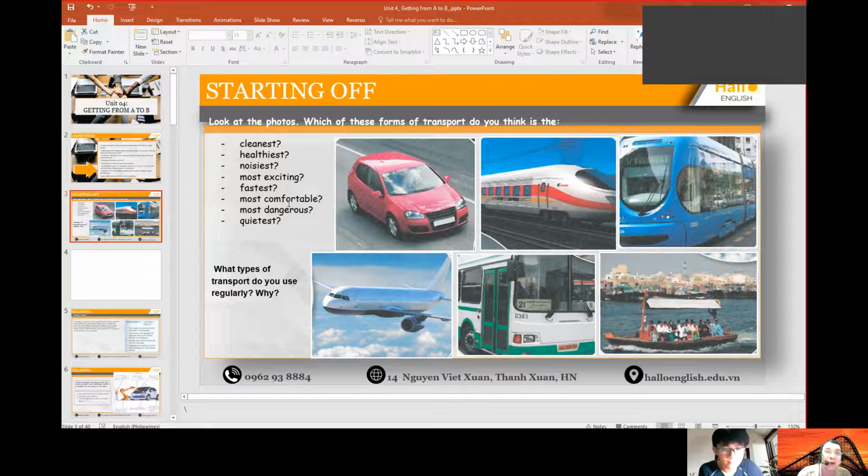What about the noisiest? Definitely the airplane. So why did you say that the airplane is the noisiest one? Because when you sit by it, we have a feeling of deafness. Yes, actually, there's something you can hear, right?